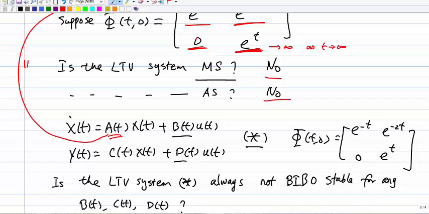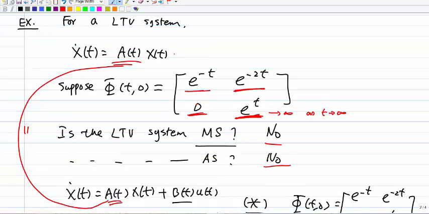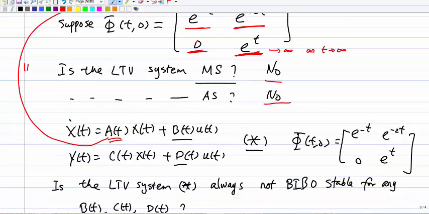All right, now let's take a look at the case with an input. Originally I had zero input, so we could only verify marginal stability and asymptotic stability. Now let's take the general case: x dot t is A(t)x(t) plus B(t)u(t), and y(t) is C(t)x(t) plus D(t)u(t).